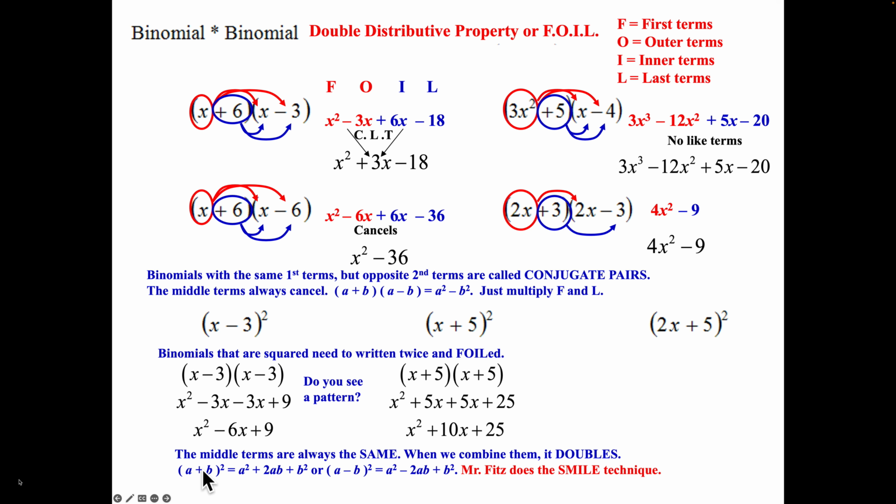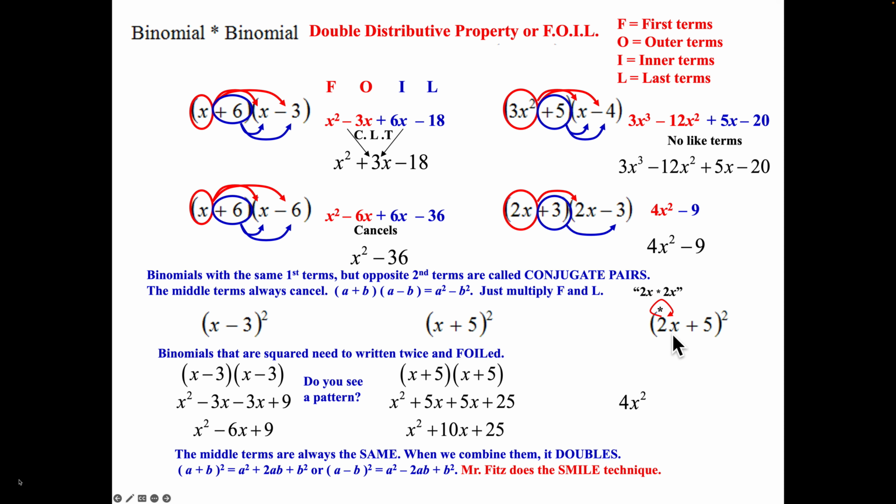All right, I'm not big on memorizing formulas. I like to memorize techniques. I call this the smile technique because it's technically using your arrows up above here for FOILing without writing it out twice. So 2x times 2x is 4x squared.